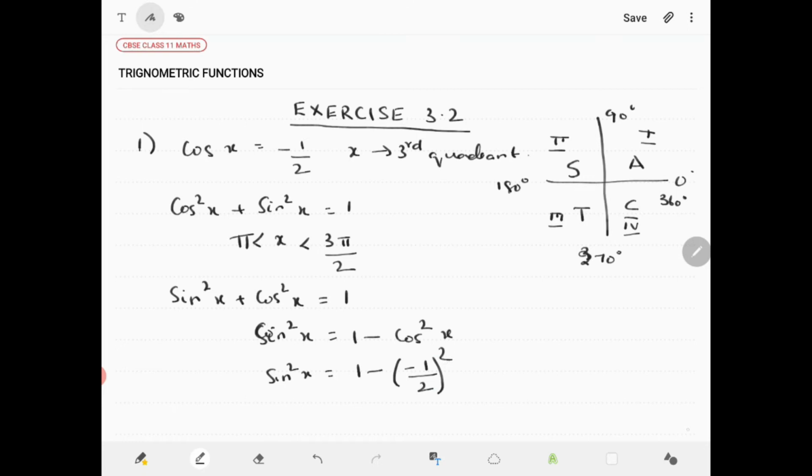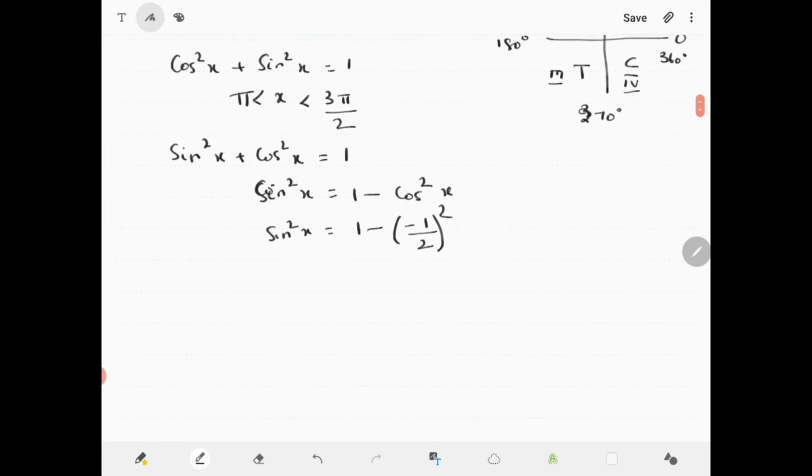Substituting here minus 1 by 2, we have 1 minus 1 by 4. Minus 1 by 2 square will be 1 by 4. So which is equal to 3 by 4. So sin square x is 3 by 4. So sin x will be plus or minus root 3 by 2.